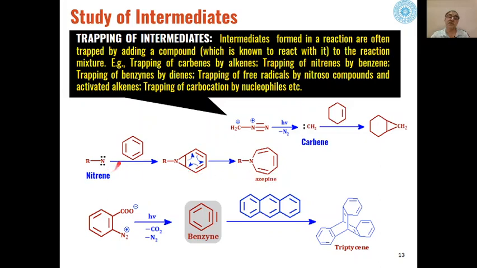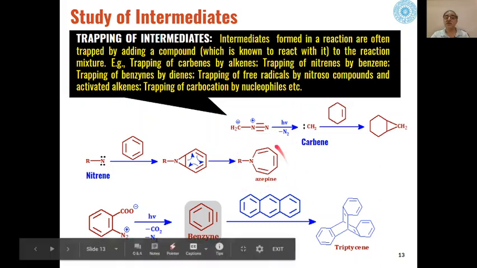So if in some reaction a nitrene is involved, we react with these, we will get these types of products, which can tell us about the mechanism of the reaction.